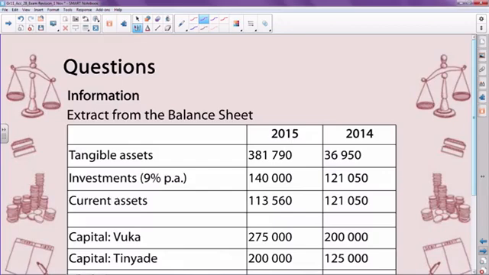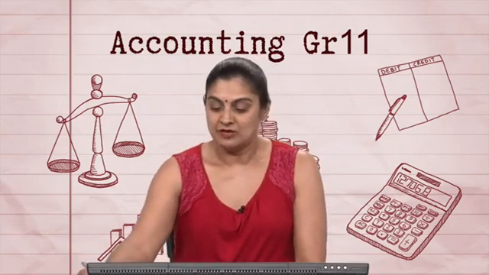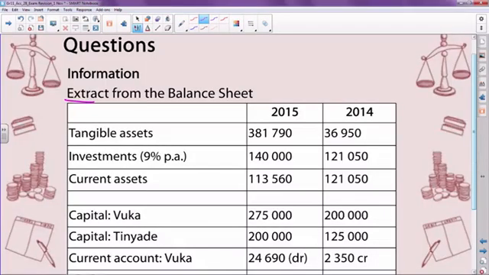I'm not going to read through everything, but just get a feel for what info has been given to me. Right, I am given, firstly, an extract from the balance sheet. And as usual, I will have the current year, in this case 2015. So let's just mark that as the current year.